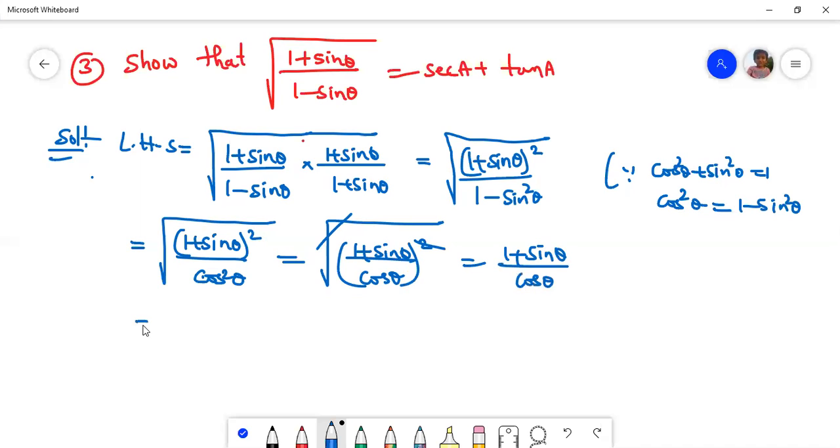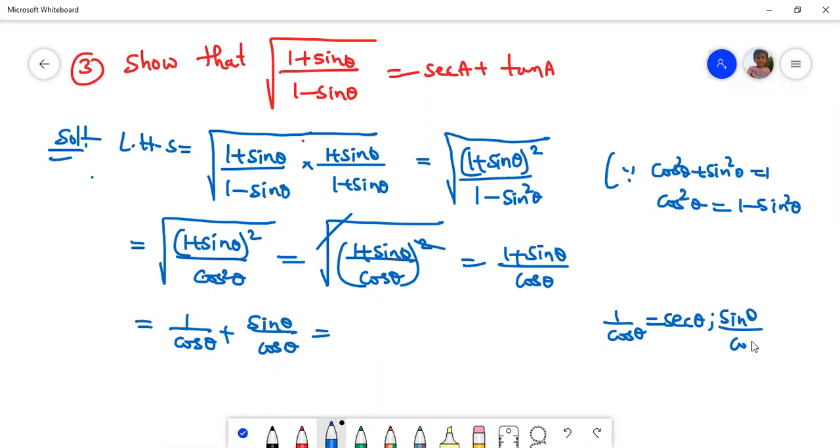We can write separately 1 by cos theta plus sin theta by cos theta. We know that 1 by cos theta is secant theta, and sin theta by cos theta equals tan theta. So in place of 1 by cos theta we write secant theta, and sin theta by cos theta is tan theta.